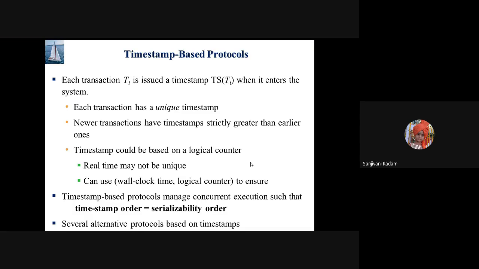There are two ways to assign the timestamp value. Real time may not be unique, for example if we are having multiple processors. If we are using only seconds instead of microseconds, then we may not be able to assign a unique value.